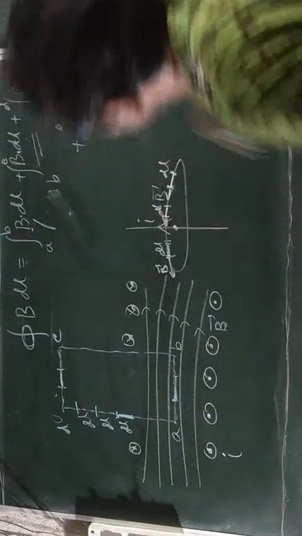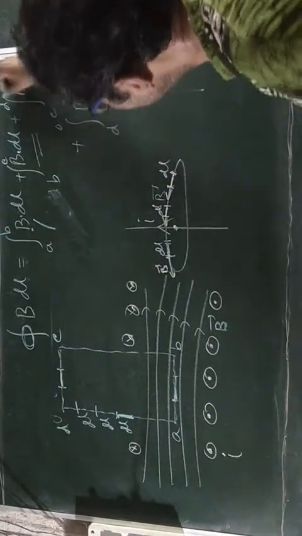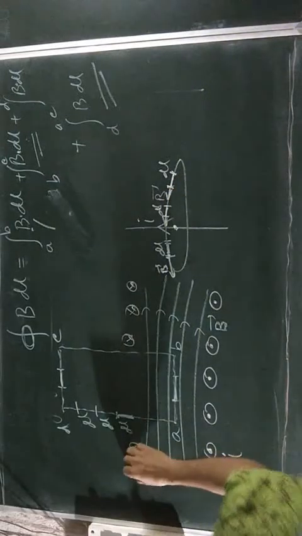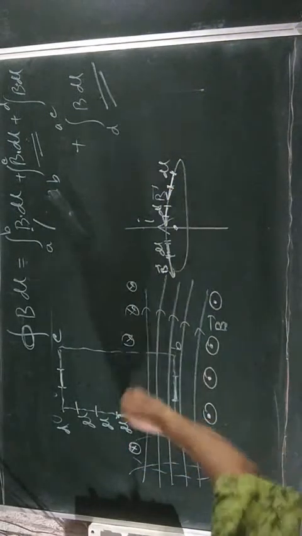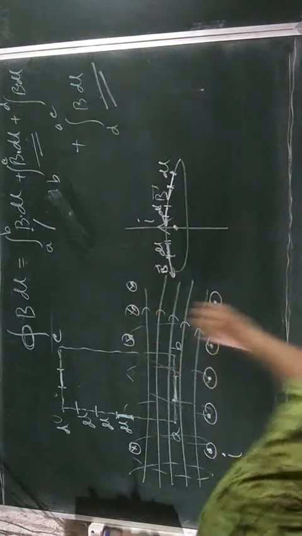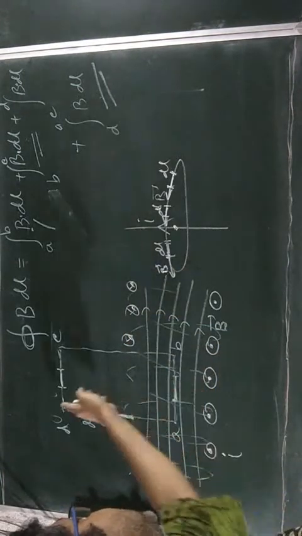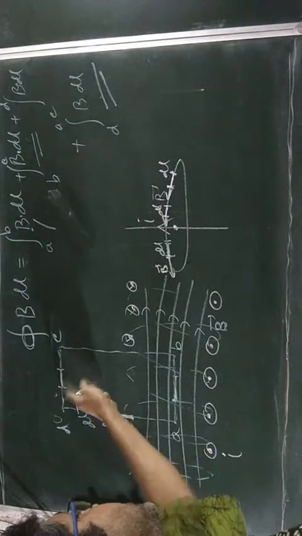And for CD, this segment is far away from the solenoid. This is the solenoid, which we virtually draw. From the axis of the solenoid, this segment CD is far away.